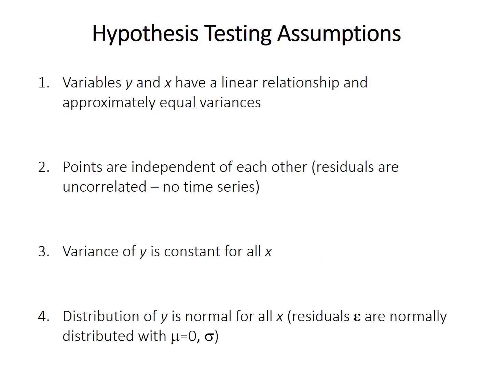So there are quite a few assumptions or requirements to do hypothesis testing for linear regression. And I'll explain some of these in more detail with examples next, but first I'll just go through them one by one. So first of all, the relationship must be linear, and both of the variables should have approximately equal variances. Second, the points must be independent of each other. What that means, in other words, is that the residuals, the distance from the line to each point, should be uncorrelated.